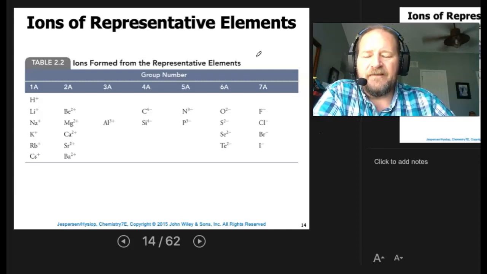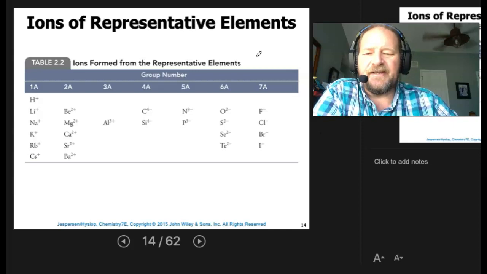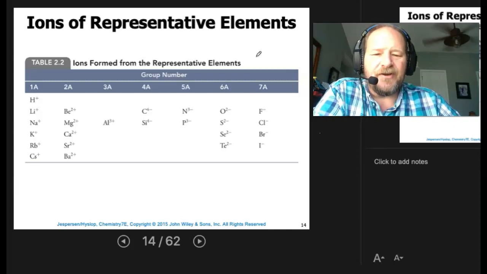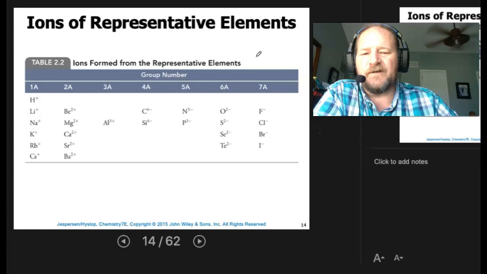For 4A, we typically think of carbon as going to be a -4 and silicon as a -4. Right now, once we get into organic chemistry, you're going to see that the charge on the carbon and the silicon is a funny fickle thing, and there are different models that will show it as a +4 and as a -4. Same with silicon, +4, -4.